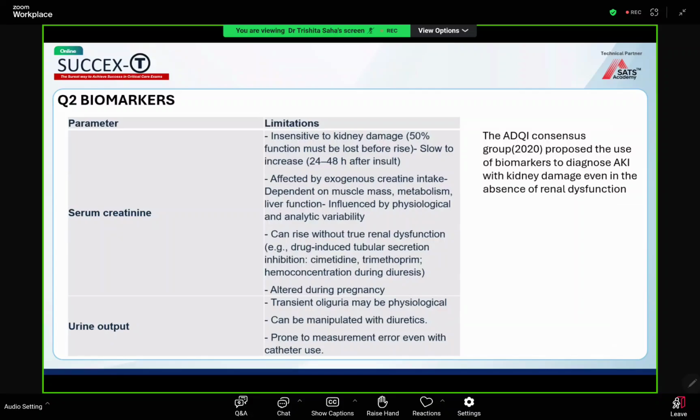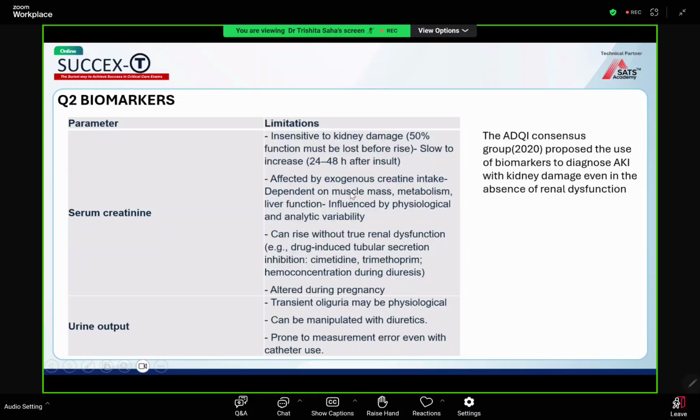Now, coming to the next question, it is a 5-mark question about the biomarkers. But before starting the question, you have to discuss, which I have discussed in the earlier part also, what are the pitfalls of serum creatinine and urine output, which is nowadays giving way to the use of biomarkers for diagnosis of AKI. We all know that serum creatinine is insensitive to kidney damage.